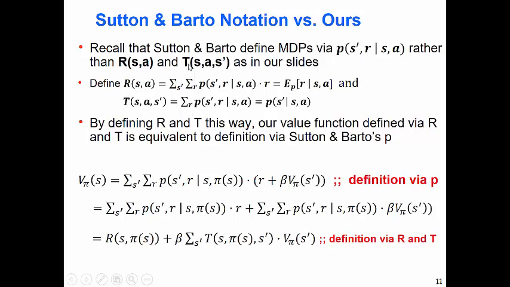They're not too mathematically precise. So what I claimed earlier was that if this is how we define things, R(s,a) and T(s,a,s'), I claim that we could define our functions in terms of theirs in this way, right? The reward is just the expected reward for a state-action pair, and for the transition function you just get rid of the reward from their function.